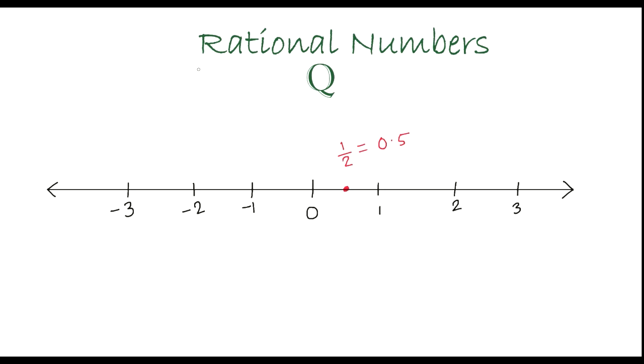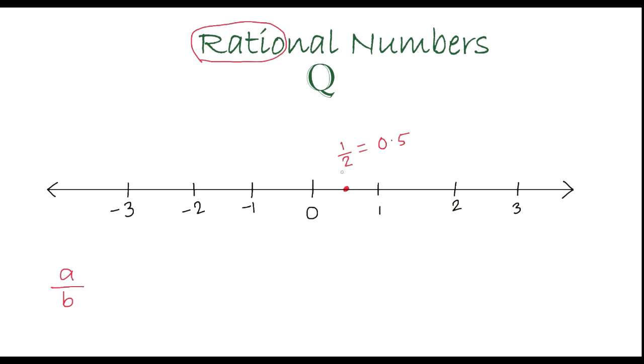If you can represent a number with a ratio, then that number is a rational number. So suppose you have any number that can be written as a/b, that number will be a rational number.